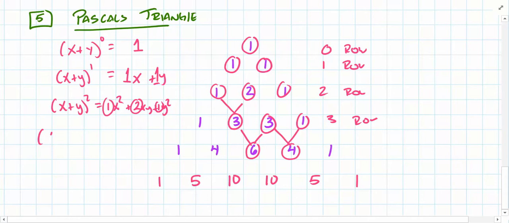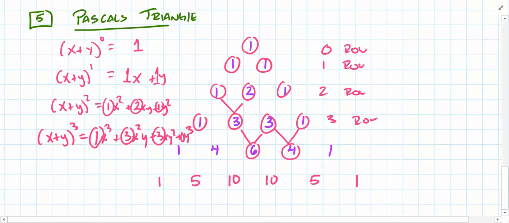So therefore, if I wanted x plus y to the third, I would get a 1, x to the third, plus a 3, x squared y, plus a 3, x y squared, plus a 1, y to the third. We'll talk about how I get those in a second. But the important thing is why I get a 1, a 3, a 3, and a 1.